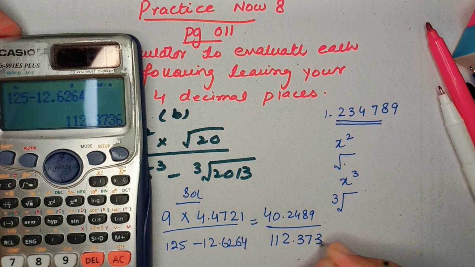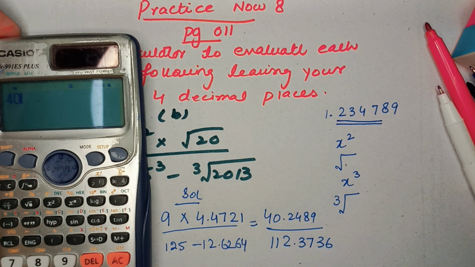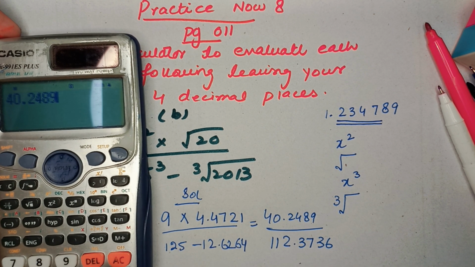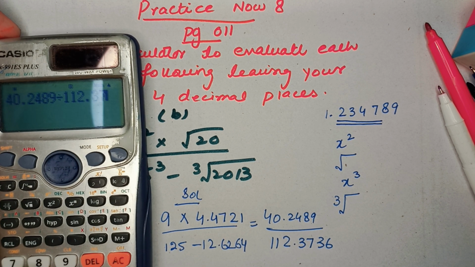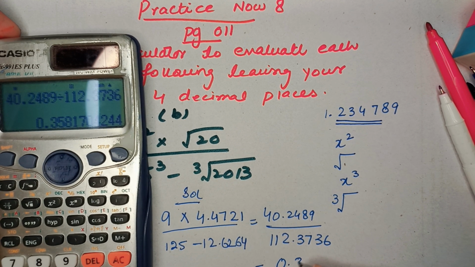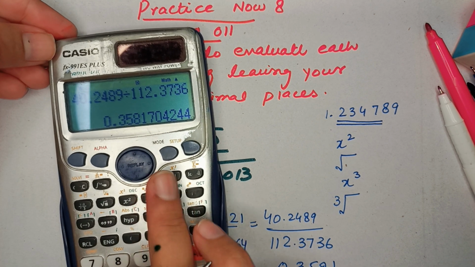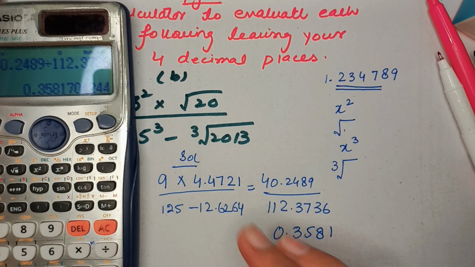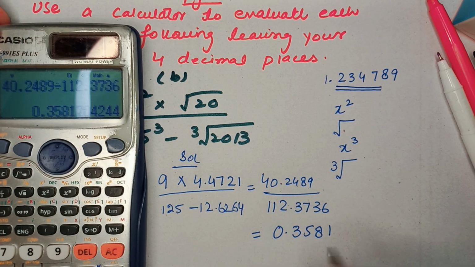Now I will divide these both. So 40.2489 divided by 112.3736. Now I got 0.3581. I will just pick 4 digits because my question requirement is leaving your answer up to 4 decimal places.